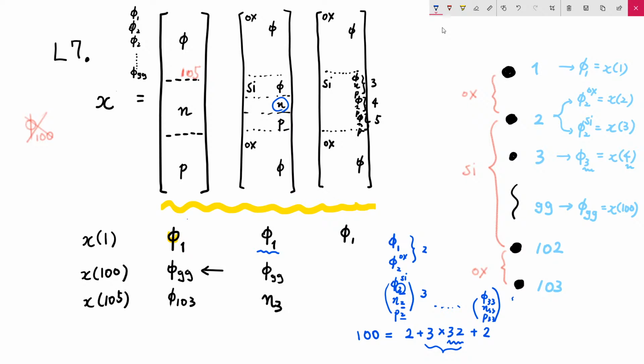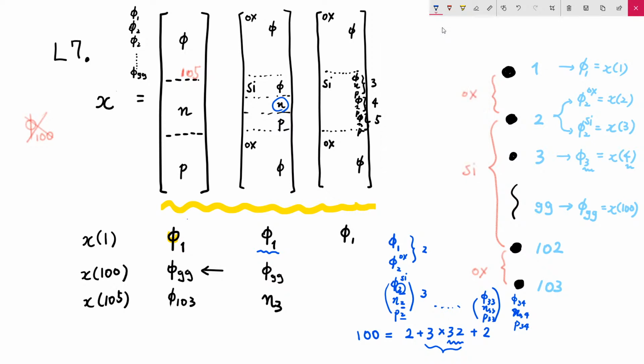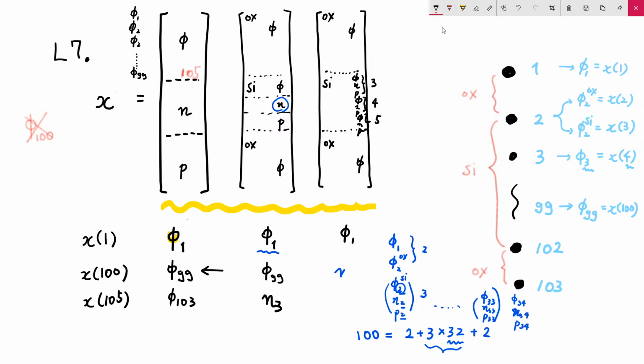After that, we will have phi 34, n 34, p 34. So the answer now becomes what? Now it becomes n sub 34.